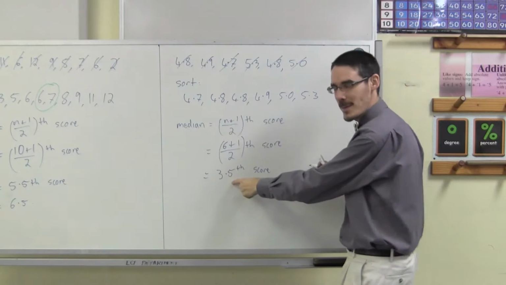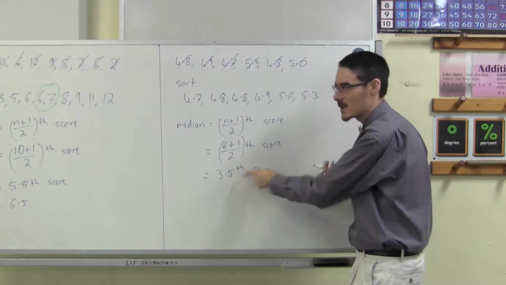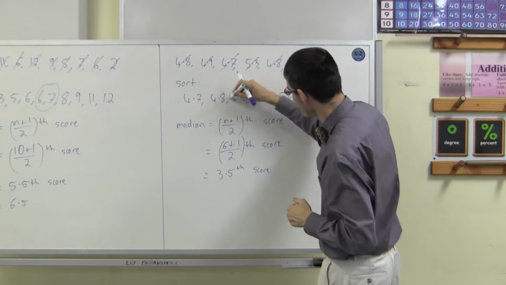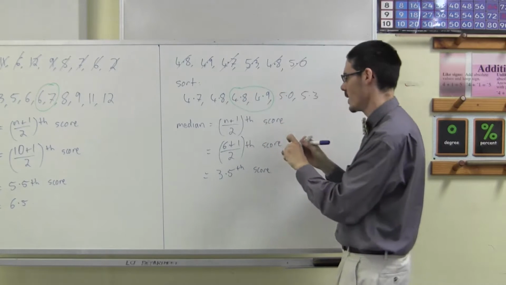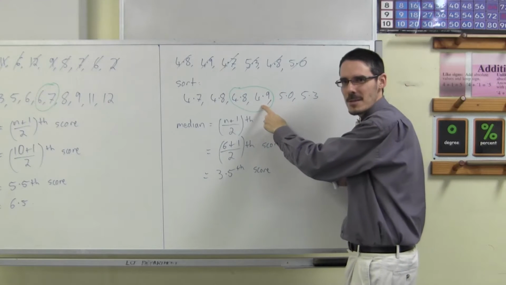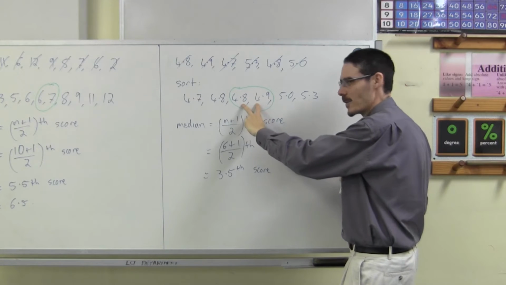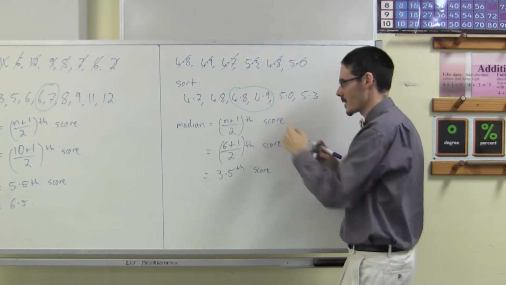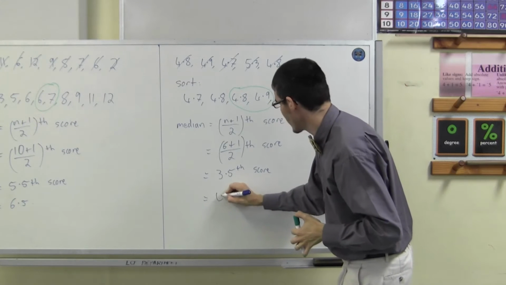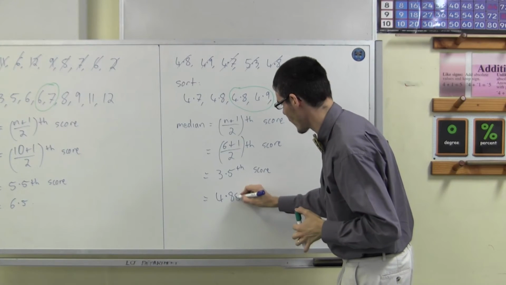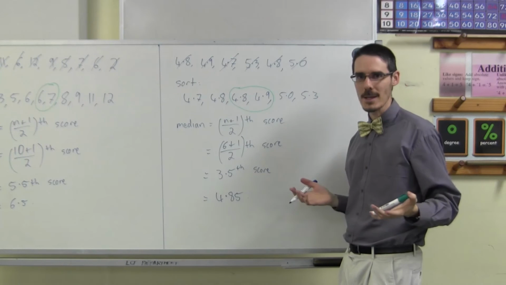That means it's halfway between the 3rd score and the 4th score. 1, 2, 3 and 4. Halfway between those two. It's a little bit tricky. If you're not sure, add them together and then divide by 2. You should get 4.85. And there's the median using the formula.